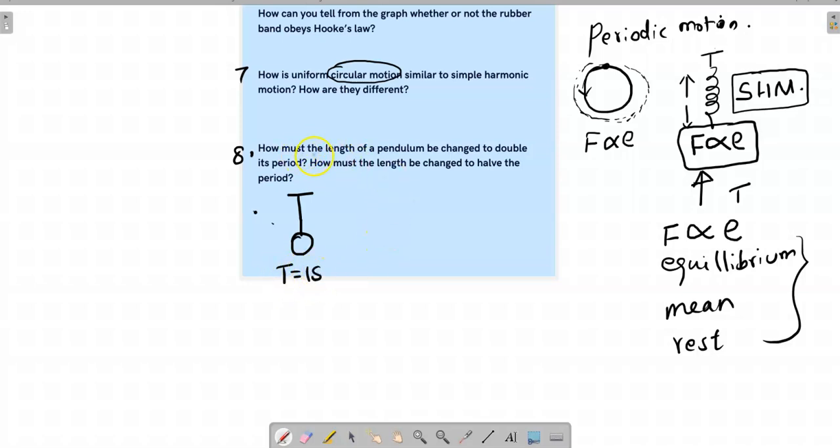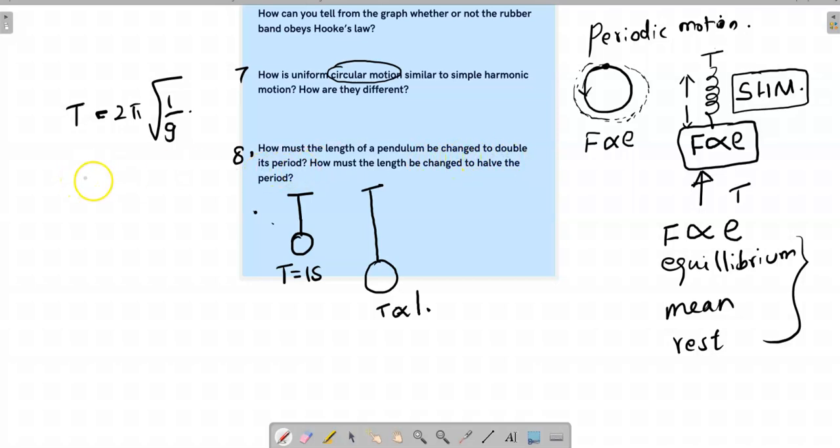So you know the concept, if you increase the length, the time period also increases. The time period is directly proportional to the length. Write the formula: time period is equal to 2 pi square root of L by g.